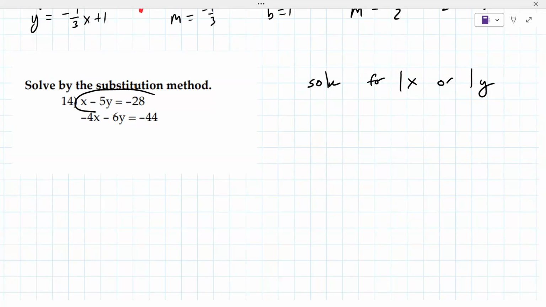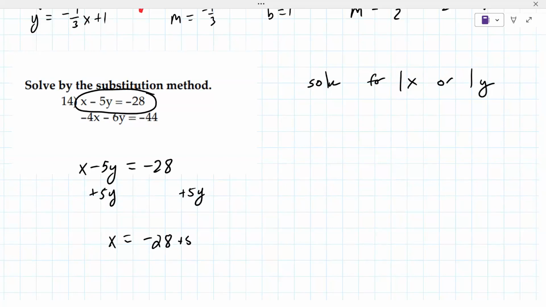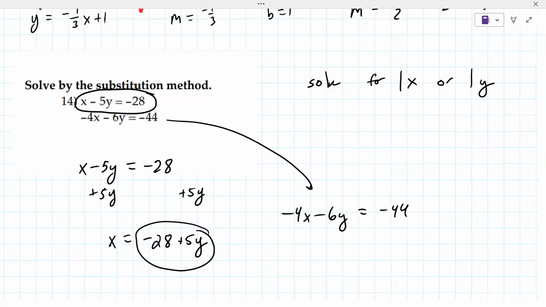Yeah, so you can solve that one for x by moving the -5y to the other side, adding 5y to both sides of the equation. This time it doesn't matter what order you put it in, whether it's first or second. That really only applies to graphing. Okay, so now let's bring down that other equation. This right here is going to go in wherever you see an x, but it's in parentheses.